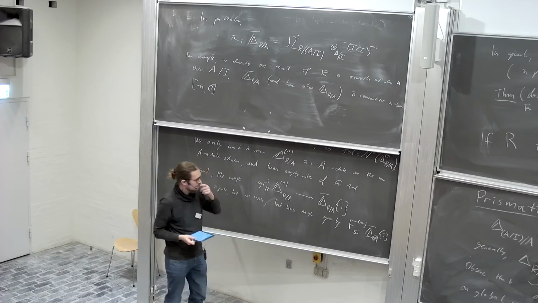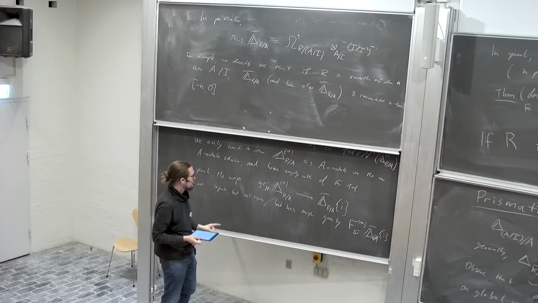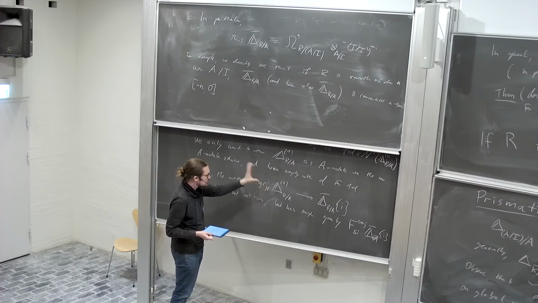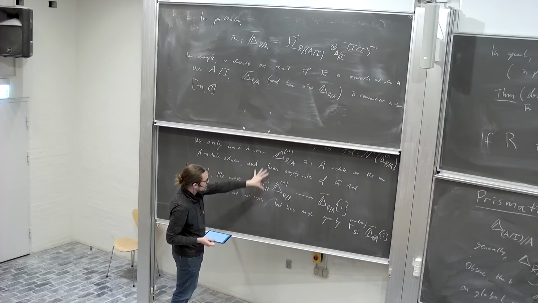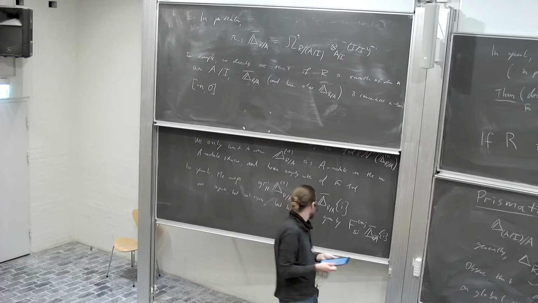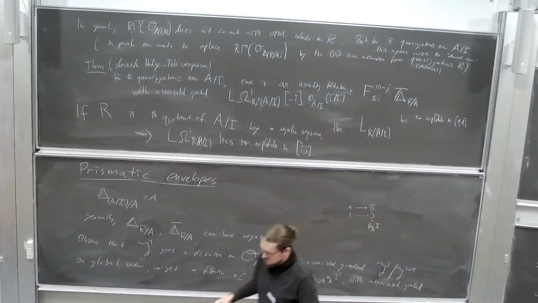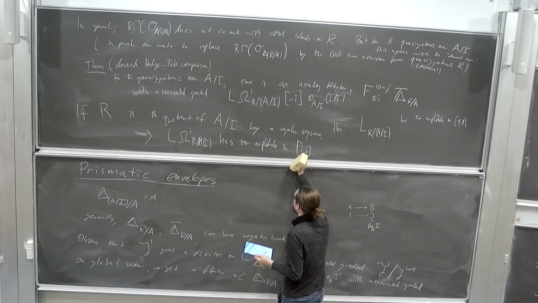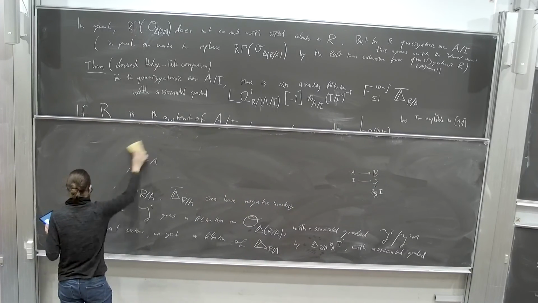Sorry, I have the order wrong. So in this discrete case, it's not injective, but it has that image. And then it's not surjective, but it has that image. And then there is a Nygaard filtration, just in full generality on this derived prismatic cohomology.